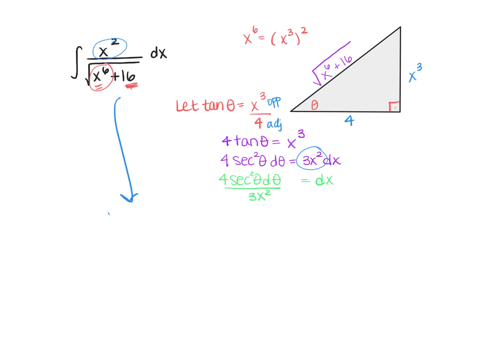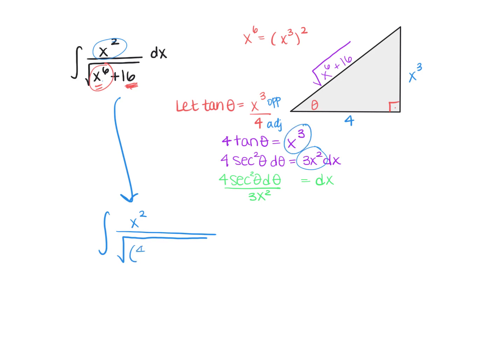Let me substitute everything in. For one second here, I'm going to have that x squared still in my numerator. But in my denominator, I'm going to have the square root of x to the sixth plus 16. Well, really, it's x to the sixth, which is x cubed squared.